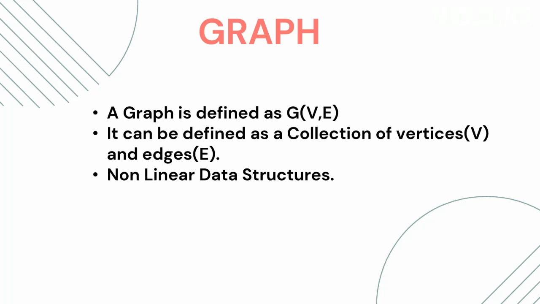A graph can be seen as a cyclic tree where the vertices maintain any complex relationship among them instead of having a parent-child relationship. A graph is a non-linear data structure. It is made up of a finite number of nodes or vertices and the edges that connect them.